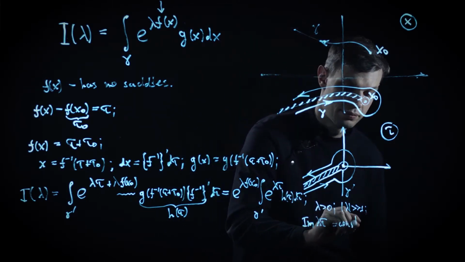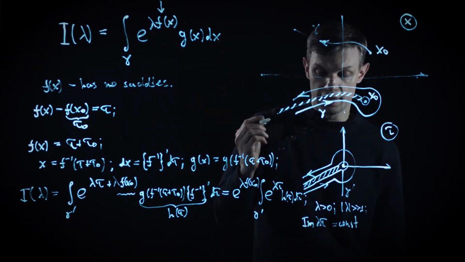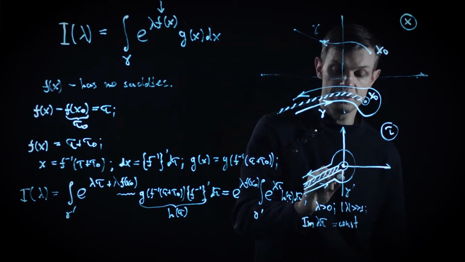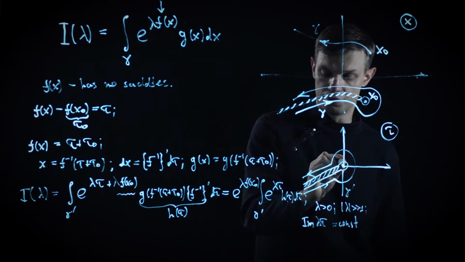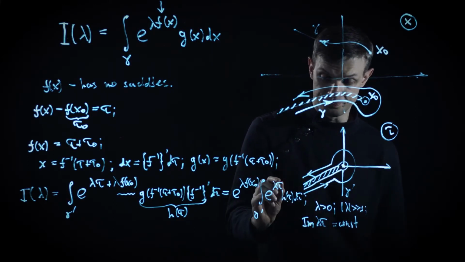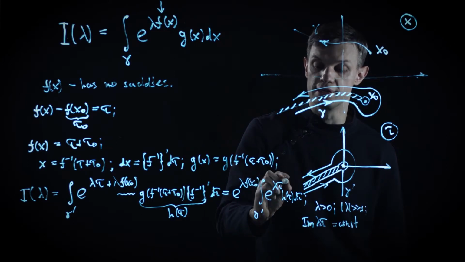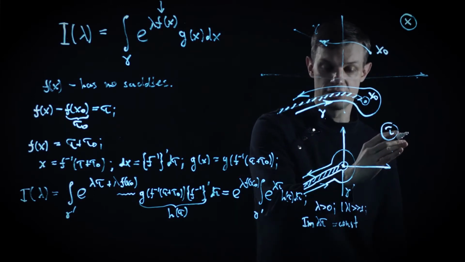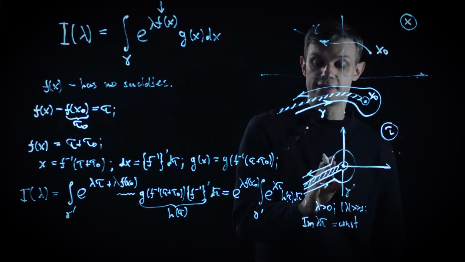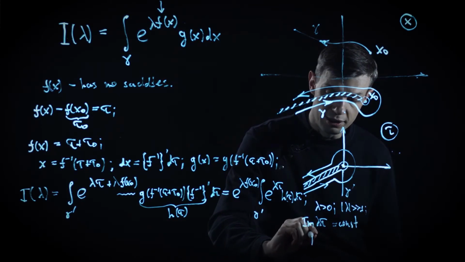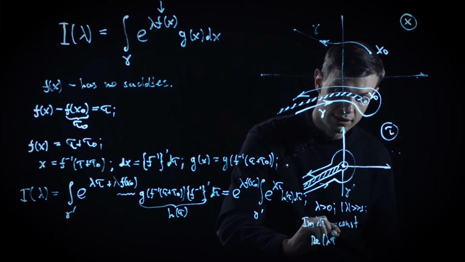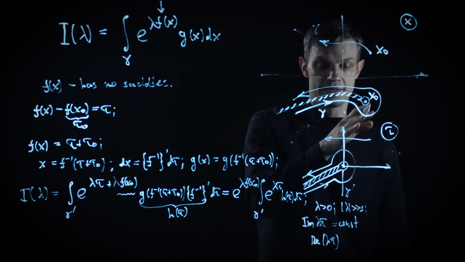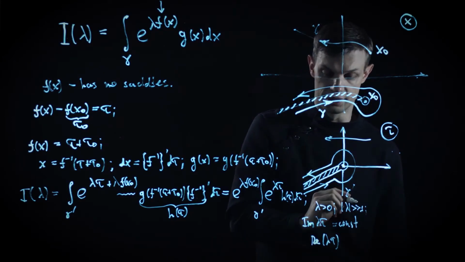But the crucial point for the whole integral is the vicinity of the point tau equals 0, the origin. Why? Because it's the point where the exponential is maximum. Of course, there are other points where the exponential is even greater, but the general slope of the real part of the exponent function is a downward slope.